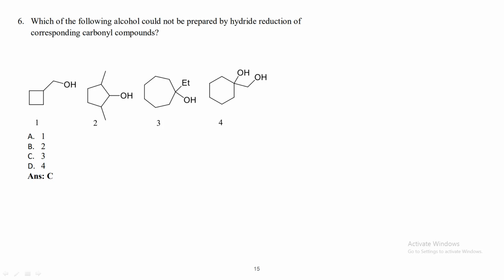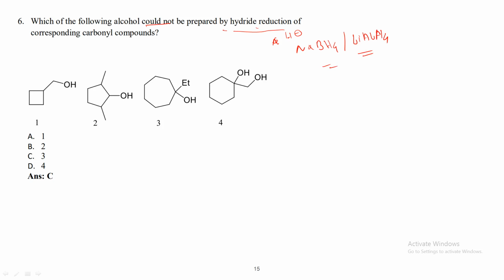So, could not be prepared by hydride reduction, right? So what are hydride reductions? H minus, nothing but how we do the hydride reaction. For that, the reagents are NaBH4, LiAlH4, this kind of reagents, right?